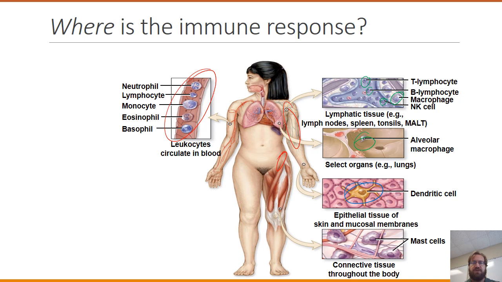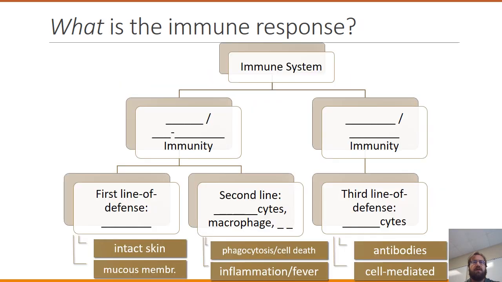And then in almost all of your connective tissues, at least all of the fibrous connective tissues, you'll find these cells called mast cells that serve as early warning systems to alert the rest of the immune system that an inflammation needs to take place.